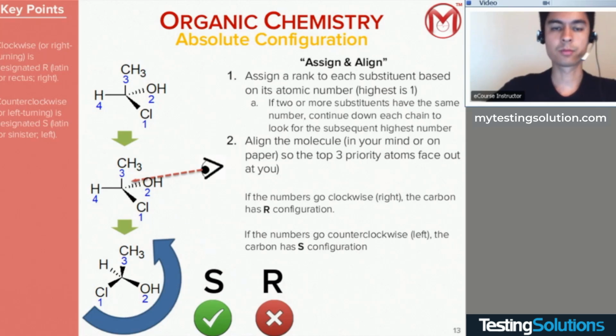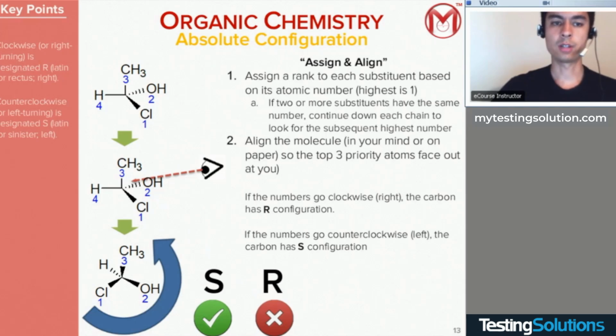So we need a way to actually distinguish them, at least on paper, because they're not the same. And so a process for that, we call this assign and align. The first job is to assign a ranking to the substituent groups. And the second job is to actually align the view.